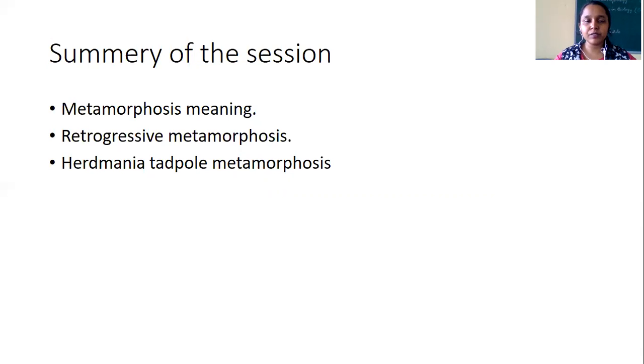Being a free living individual is an advanced character expressed in the larvae, but the adults become sessile individuals. This is how there is a declining of the advanced characters, that is retrogressive metamorphosis. Along with the retrogressive changes, progressive metamorphosis also happened in the tadpole larvae. Those are all the things we discussed in this video.